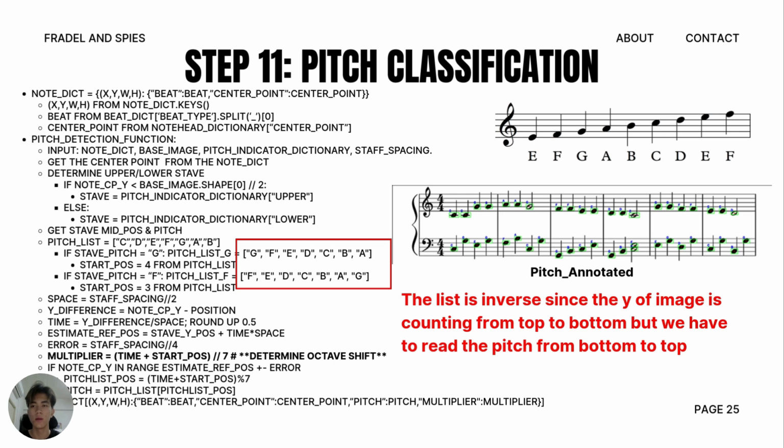We use the new reference position and error to identify if there is a note head inside that range, estimate ref pos plus minus error, then assign pitch list pos equal to time plus start pos divided by 7. Then assign the pitch to that note head by pitch equal pitch list. 14. Store the data into the dictionary. And 15. Annotate the box and label into the base image.